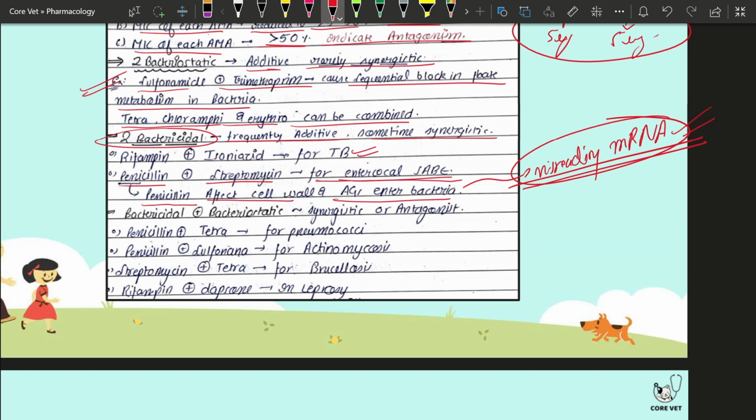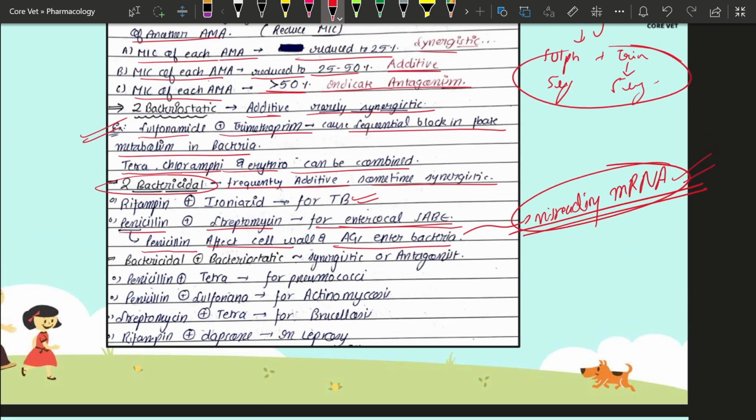Now there are three types of combination that we can see. The first is the combination of two bacteriostatic drugs. The second is the combination of two bactericidal drugs, right? The penicillin or the beta lactam and the aminoglycoside, both are bactericidal drugs.